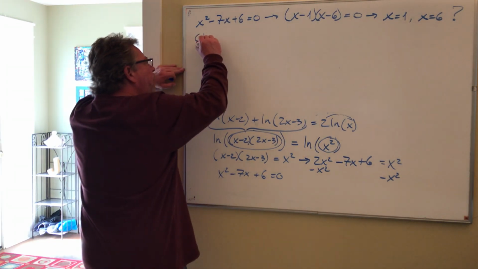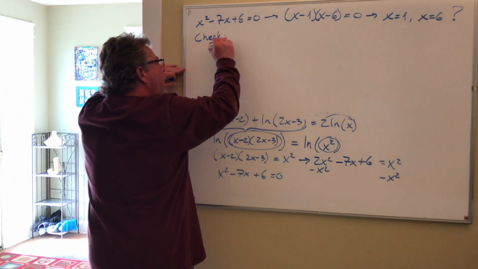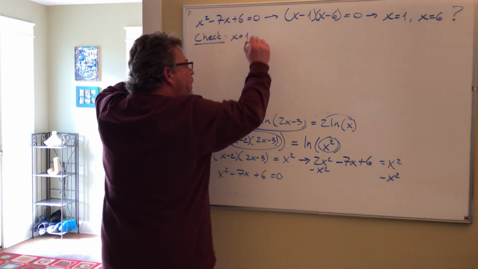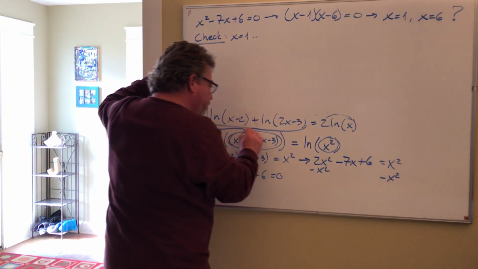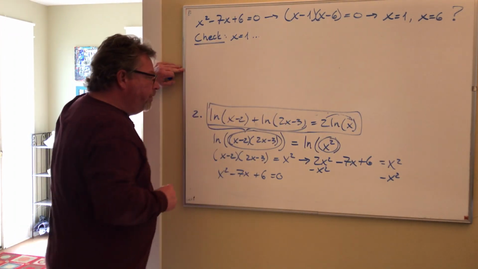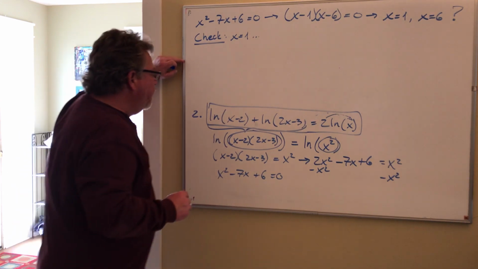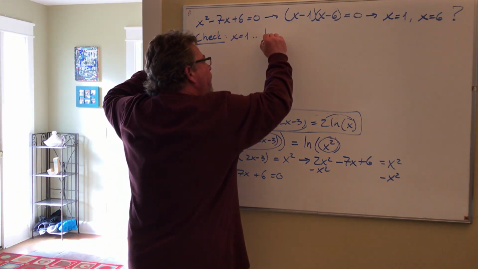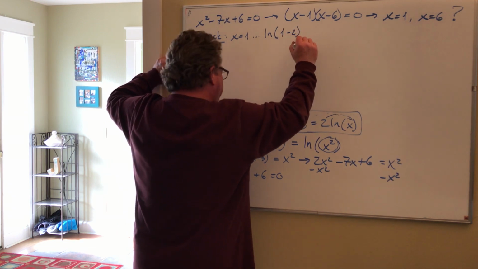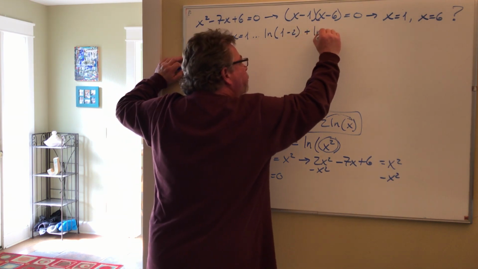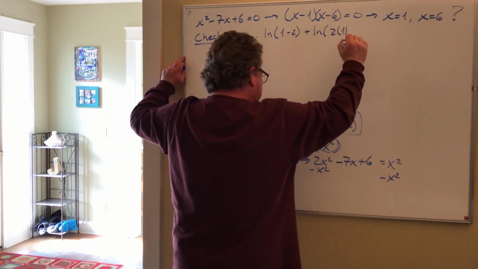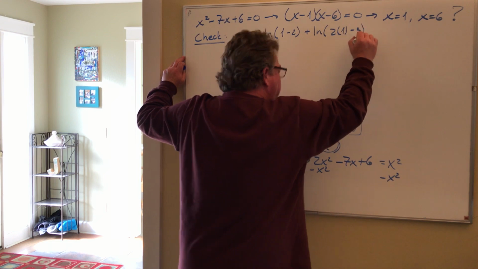So here's my first check. Let's check x equals 1. And here's the original equation right here. And so I've got to plug that value of x back into this guy. So I'm going to get the natural log of 1 subtract 2 plus the natural log of 2 times 1 subtract 3.